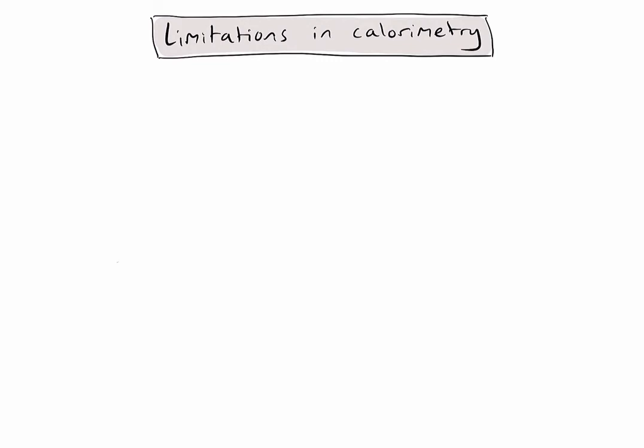So let's consider the limitations in experimental calorimetry, that is measuring energy changes, in the two common methods that we see in IB chemistry. The first is measuring the enthalpy change of combustion, normally of some kind of fuel.